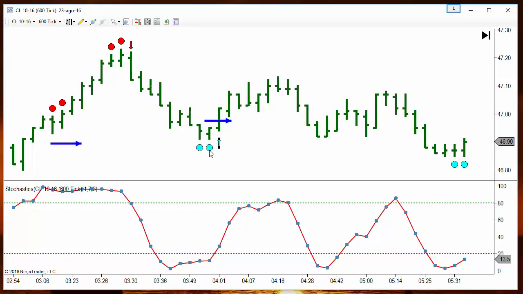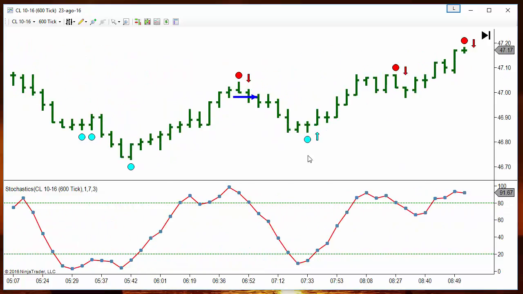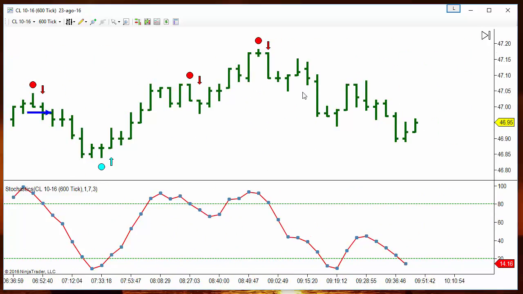These arrows mean that we have an RBO entry after this signal, 3 ticks over the high of the signal bar. It also paints in real time the entry price, that we can see now on a market replay example.